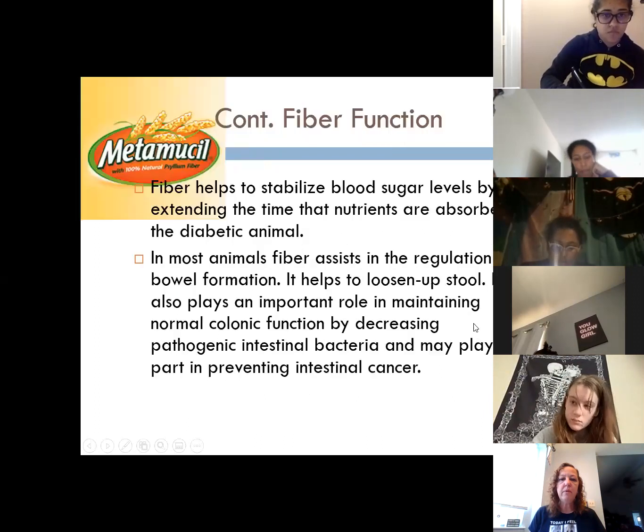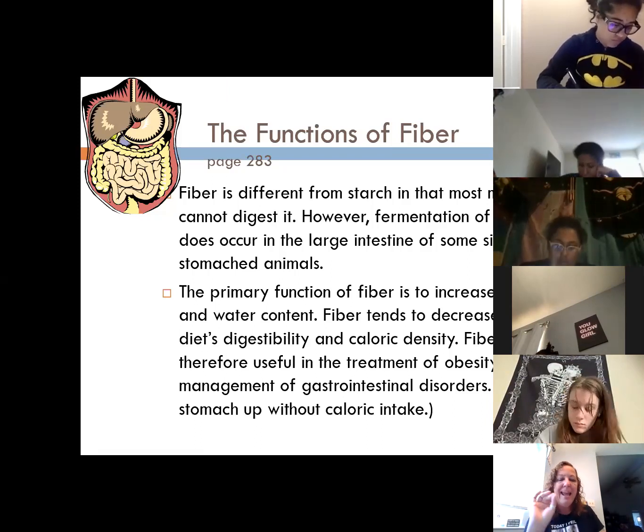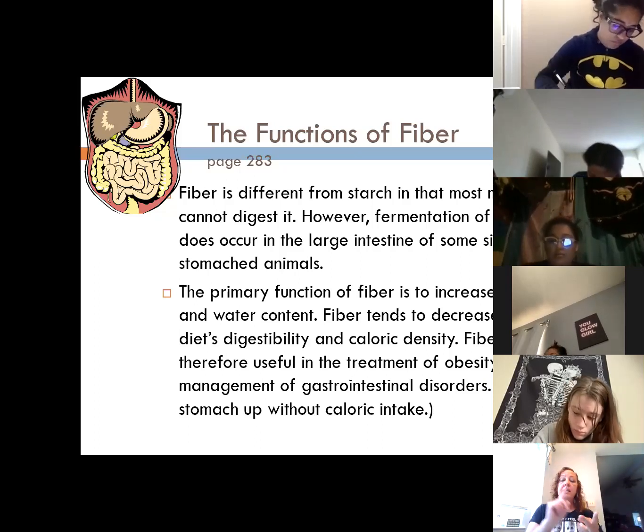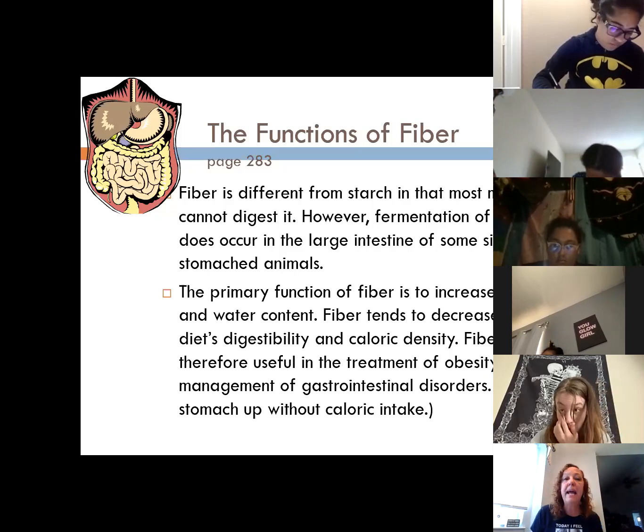The other thing that fiber does is it decreases the digestibility and bioavailability. Remember, guys, these were two words we learned at the beginning of the chapter. Digestibility: how easy is it for your body to break it apart? Bioavailability: how much energy am I getting from it?